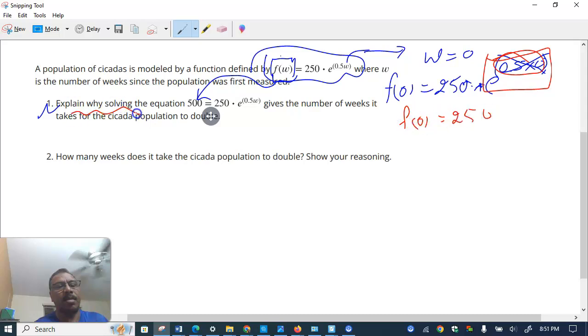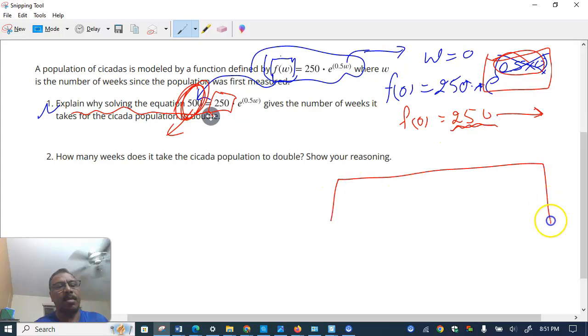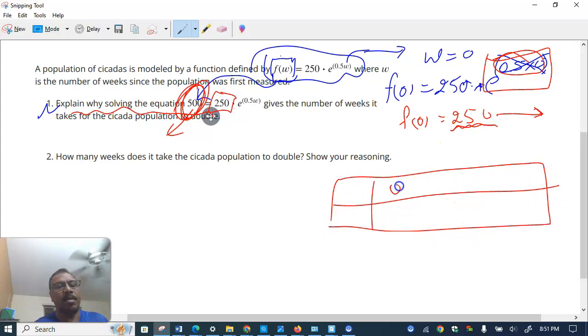So explain why solving means in the beginning it was true. This means that when the study was being done, in the beginning, this is the population, which was 250. And then next they say the population is 500 here.